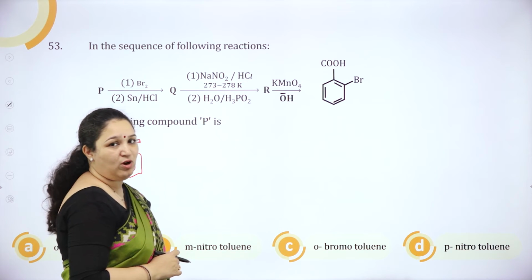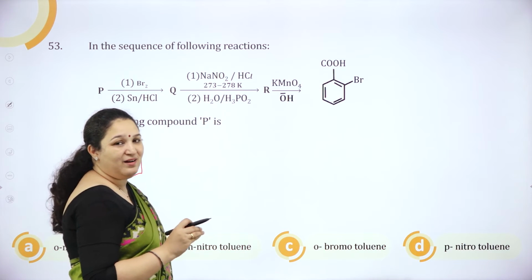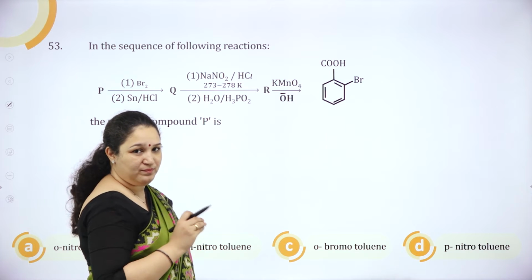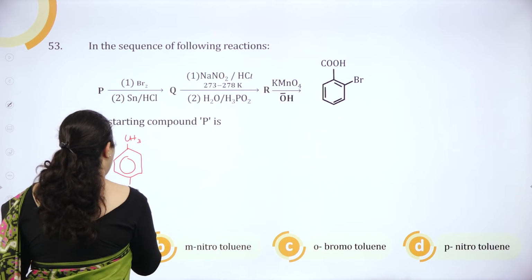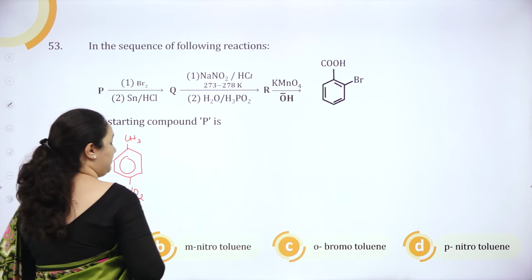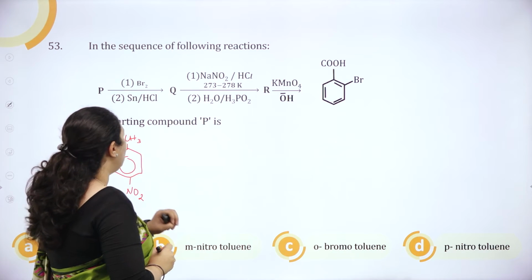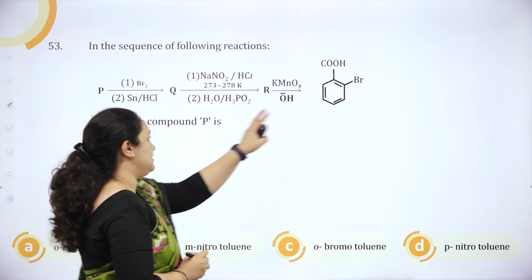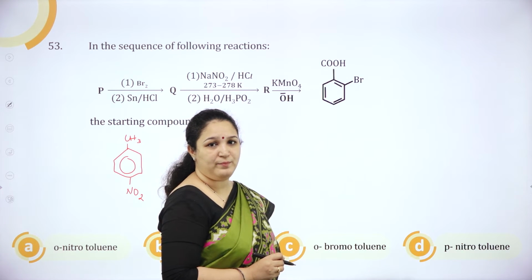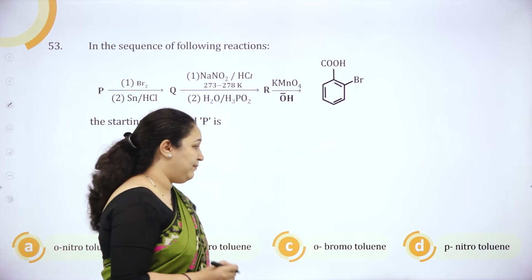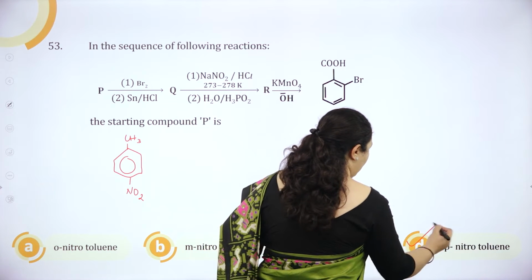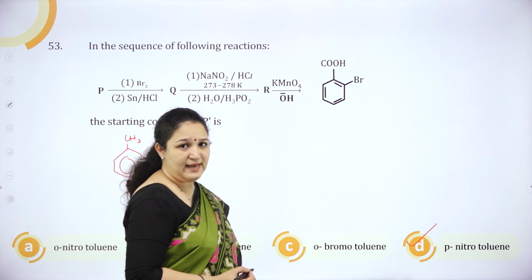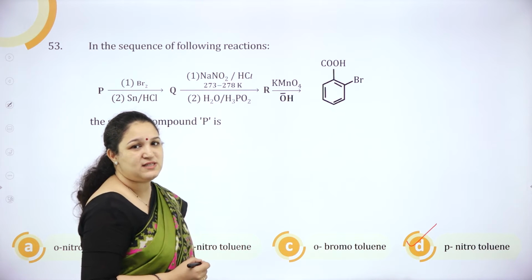Metanitrotoluene and paranitrotoluene ali. Paranitrotoluene, if it is present, then in ortho position bromine in the first step can come and that will remain as it is till the end. Okay. So your answer may be paranitrotoluene. Okay, it looks like, but we'll write and see whether it is correct.